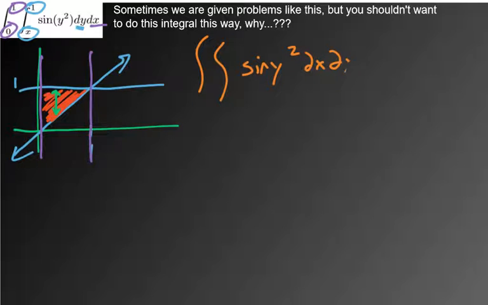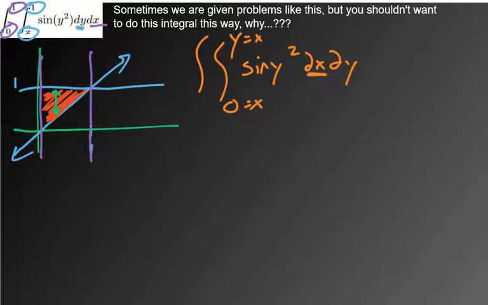Whoops, I didn't do dy. dx dy. Then we need to look at it as going left and right first. So on the left side, this boundary over here is 0. And then this one is y equals x. But if you're doing x first, we basically need the bounds to be in terms of y, because x needs to equal these two things.